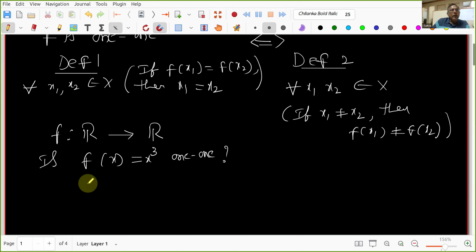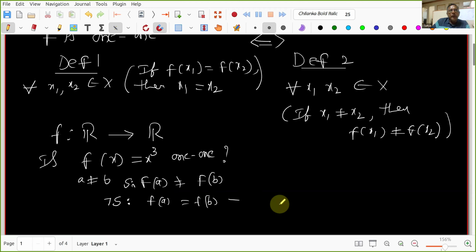If you start with x1 not equal to x2, let us say a not equal to b, we want to show that f of a not equal to f of b. This is the statement I want to show, so I will take the negation of it. The negation is f of a is equal to f of b. This implies a cube is equal to b cube. This implies (a minus b) into (a square plus ab plus b square) is equal to 0.